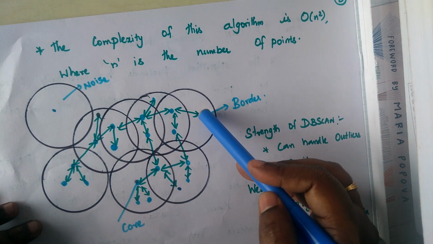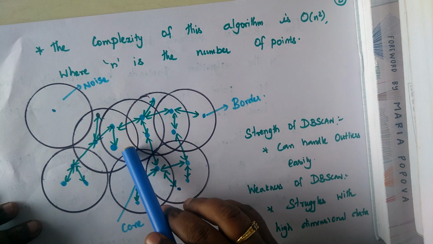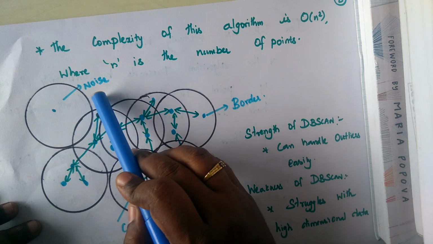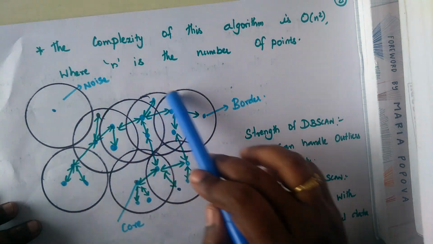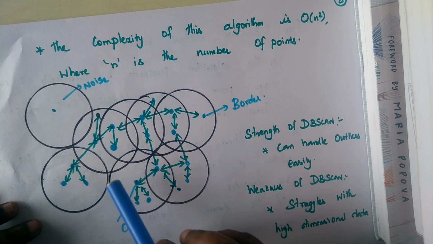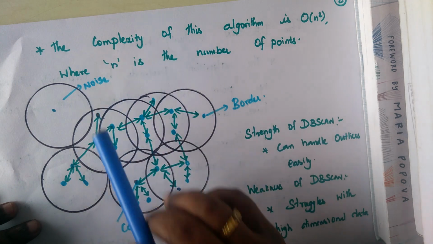We can also pull the border data points and their neighborhood points into the cluster. But this noise will not be considered into the cluster and it will be eliminated. So this is how a cluster is formed recursively by arbitrarily picking a point and tracking its neighborhood.